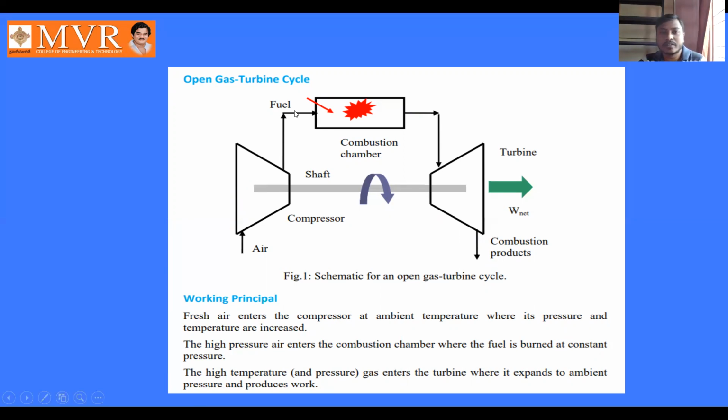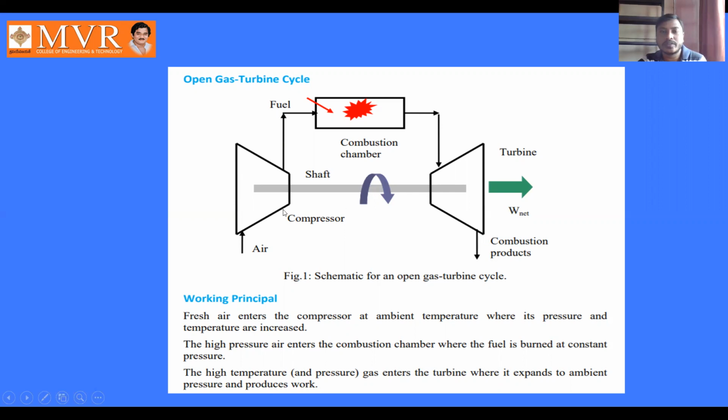After combustion, the heated air at higher pressure and temperature comes into the turbine, where it expands and gives out the work output. Then the combustion products are released into the atmosphere.